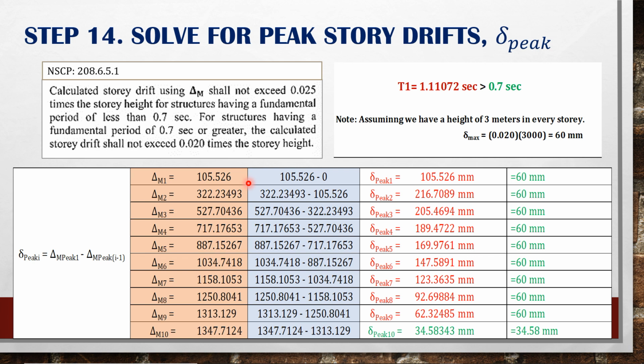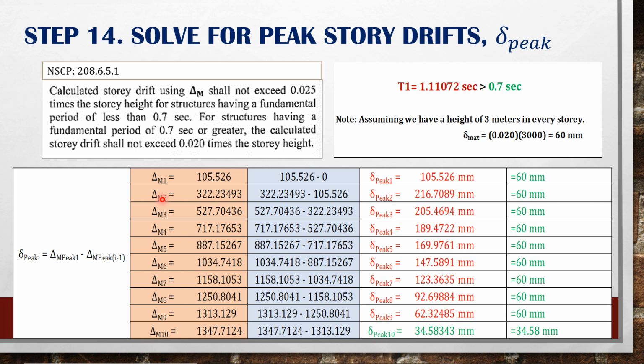Hanapin natin yung peak story drift in first floor. 105.526 minus i minus 1, since nasa first floor tayo, minus 0. Wala tayong ground, wala tayong basement, wala tayong story 0. So, ang magiging result, delta peak or peak story drift for first floor is equals to 105.526 mm.